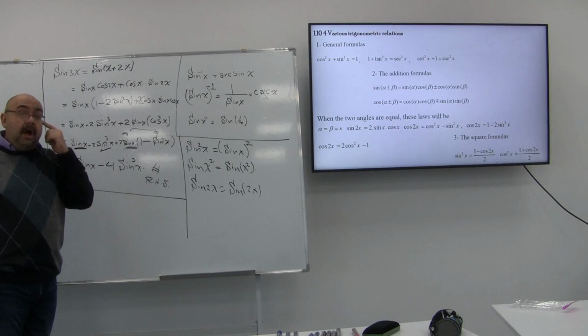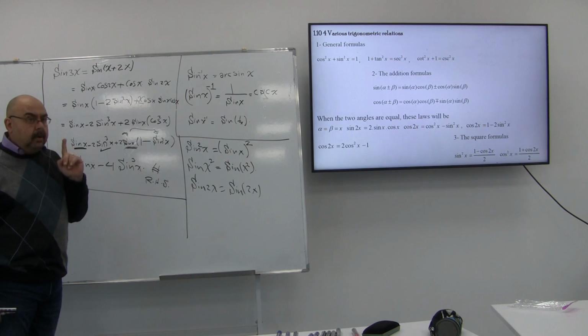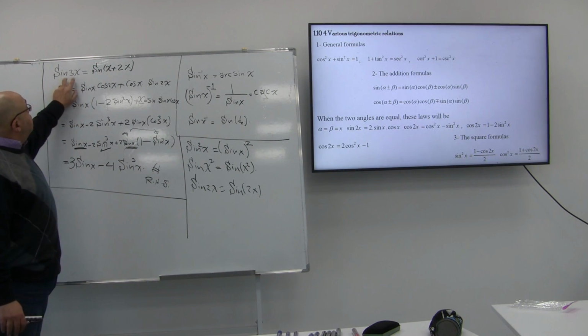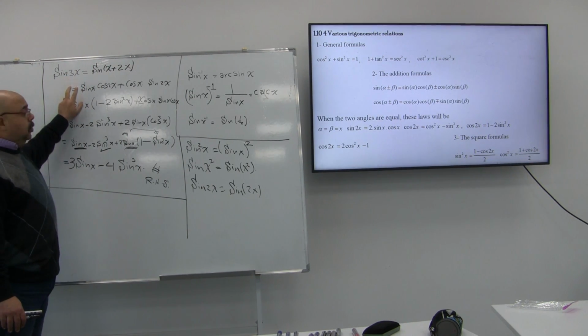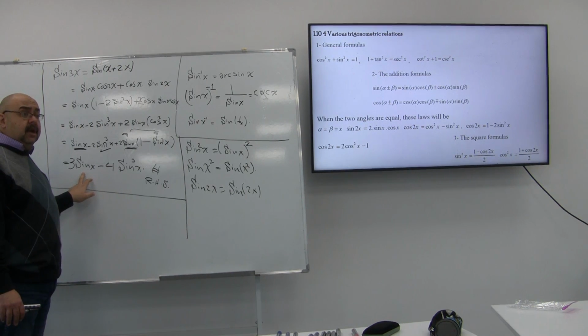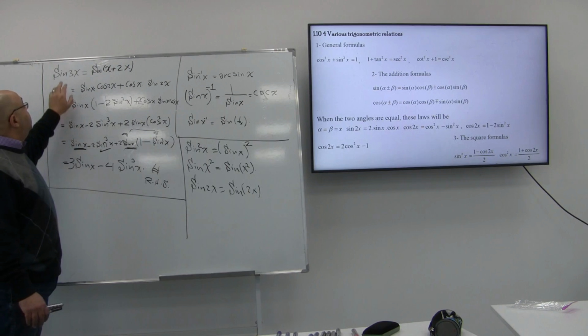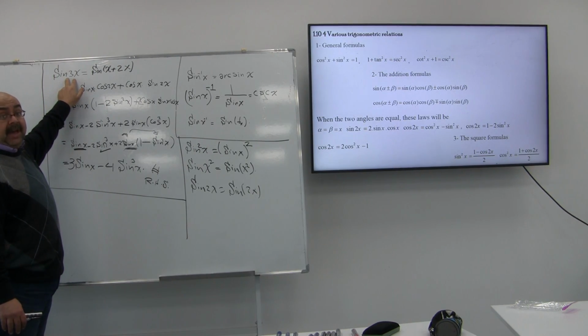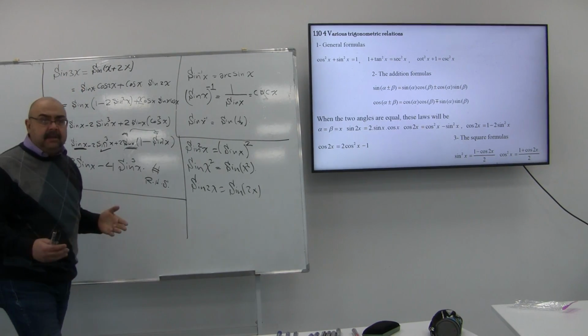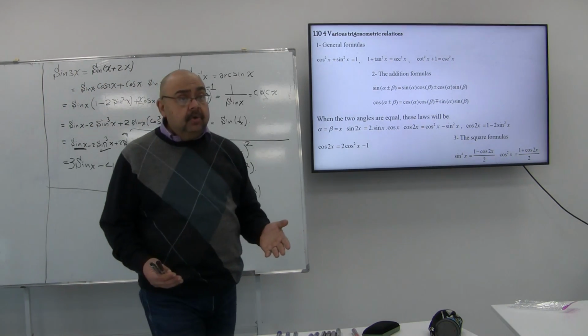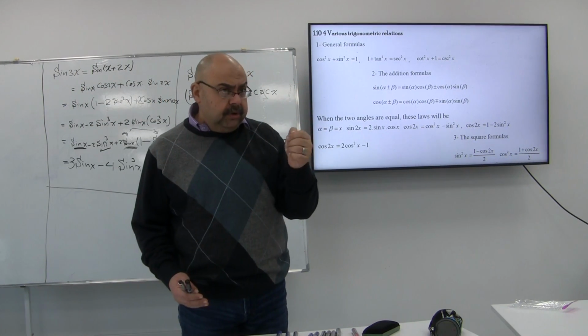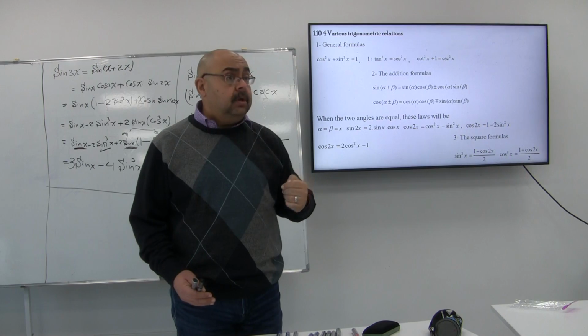So I will start thinking that this is sine 3x, but all I see on the right hand side is just sine x. So I need to play with this angle, which is 3x, and break it into x or 2x. So I will start to choose which one of these laws is important.